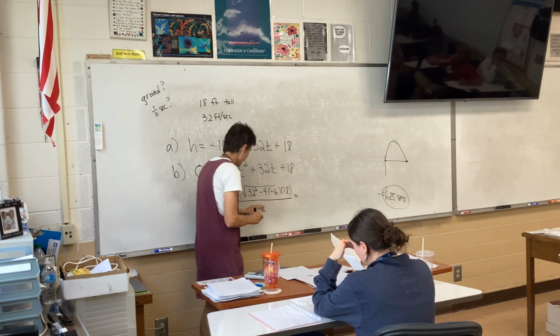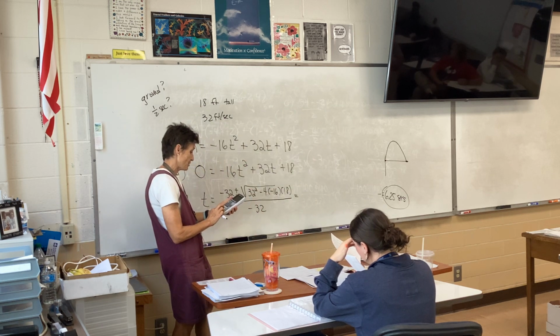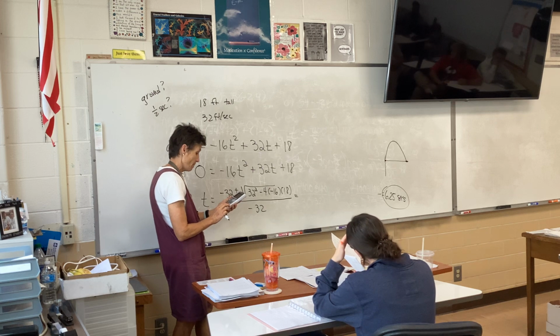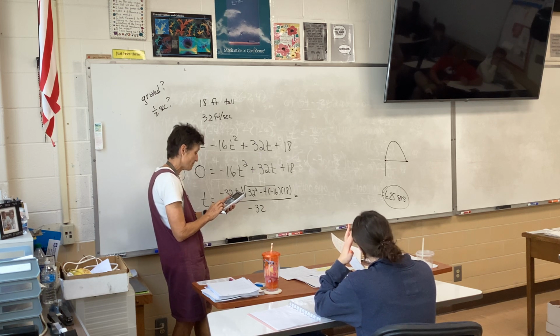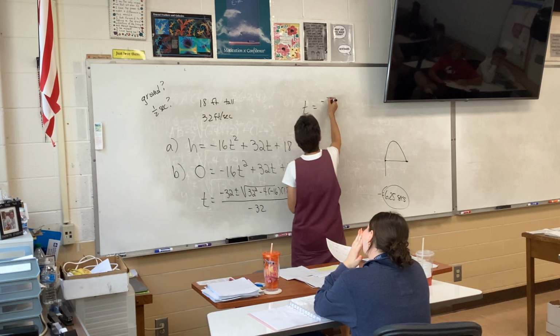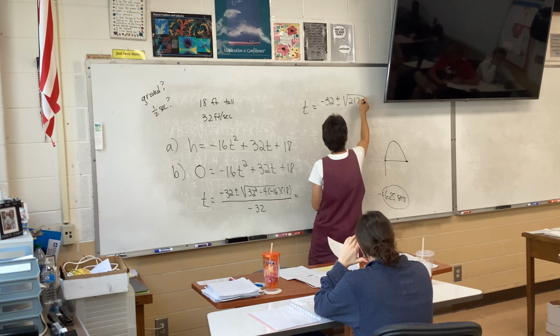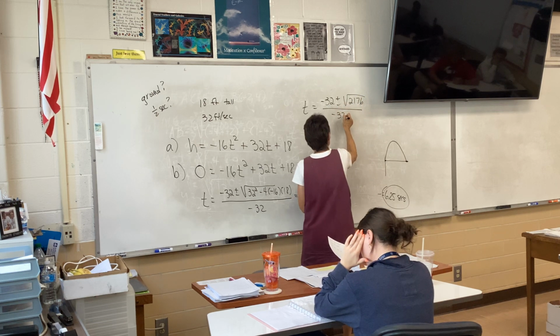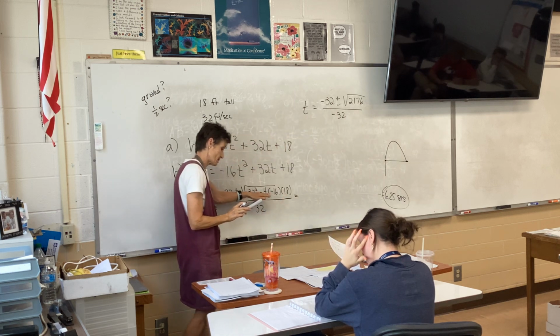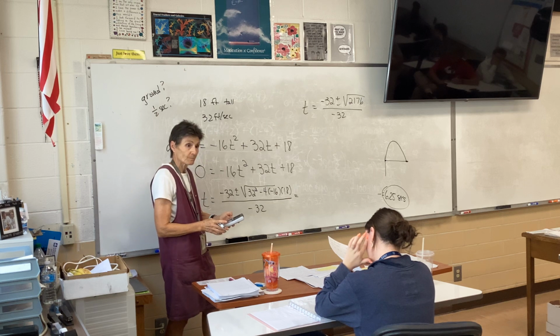So I'm gonna go ahead and work out this radical part. 32 squared minus 4 times negative 16 times 18. So I got negative 32 plus or minus the square root of 2176. So I got all this to work out to be 2176. Did you, Scout?